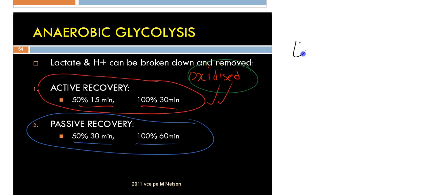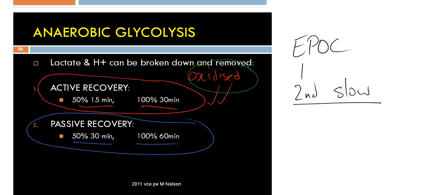So when we look at this with respect to EPOC, this is the second part of EPOC. It is the slow part of EPOC. So that's where we break down and remove lactate and hydrogen ions.